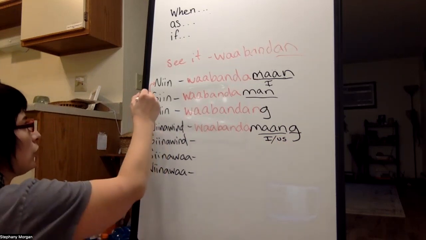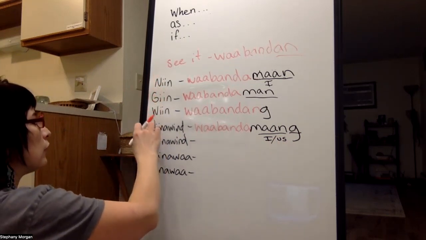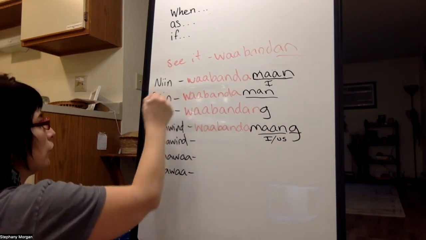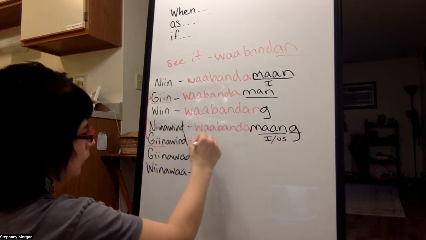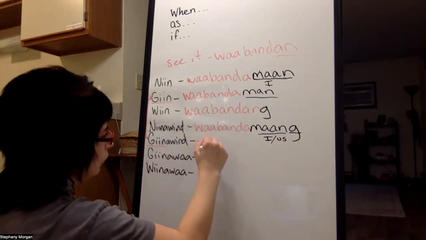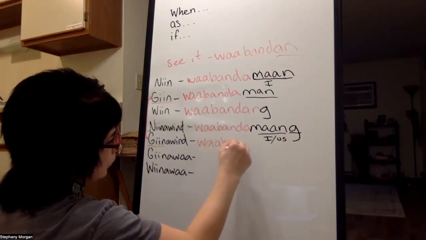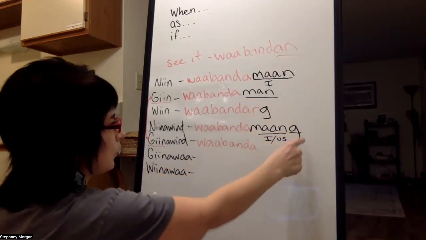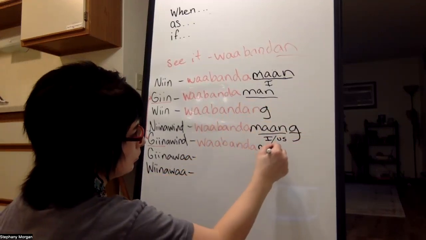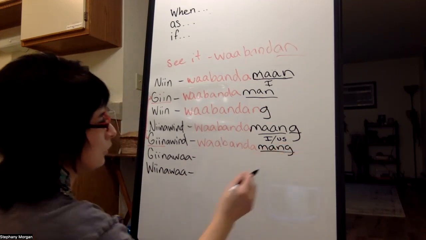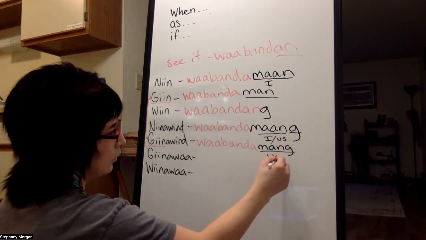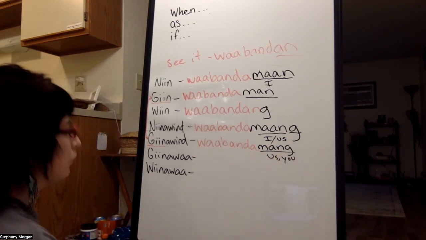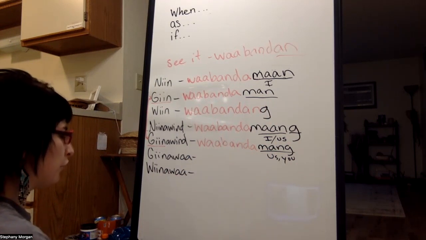Whereas ginawind, which is us all, including you, including geen, is going to be when we, including you, see it. And it's simply the geen form with the g, mung. So us, you. Wabandamang, when you see it.